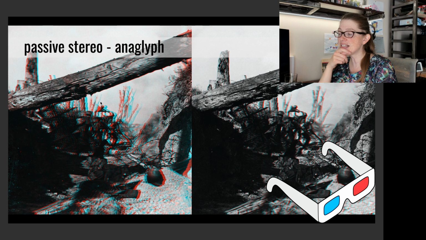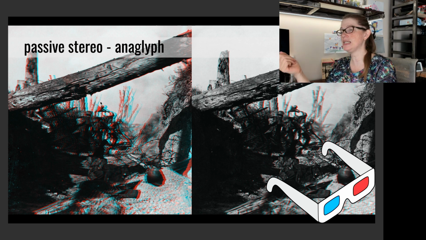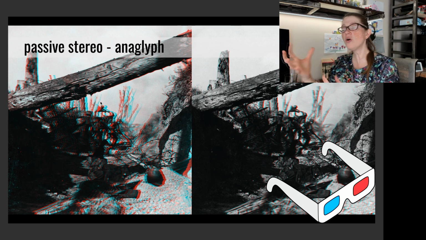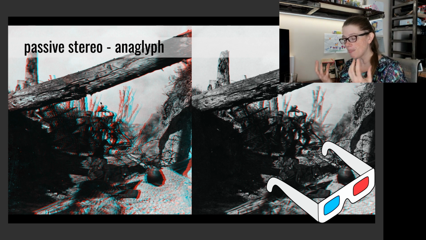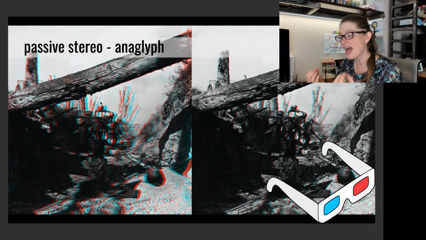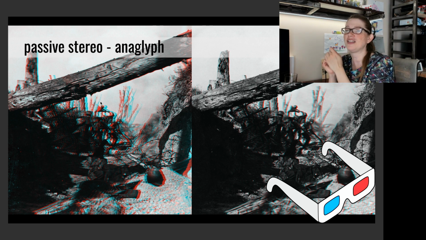It seems really easy, but one of the problems that you get with anaglyph is this concept called crosstalk. Now, what crosstalk is: in order for this to work out, the filters applied to the image have to match the anaglyph glasses exactly. Because what can happen if there's slight variations in the filters, how they're applied to the image and the glasses you're wearing, is some of the red image will leak into the blue eye, and some of the blue image will leak into the red eye.